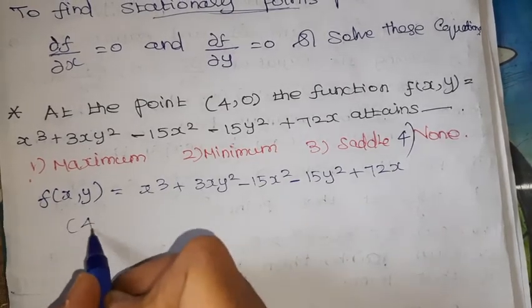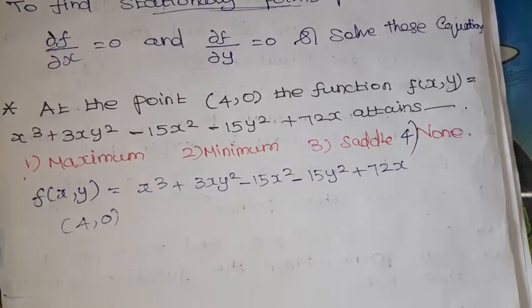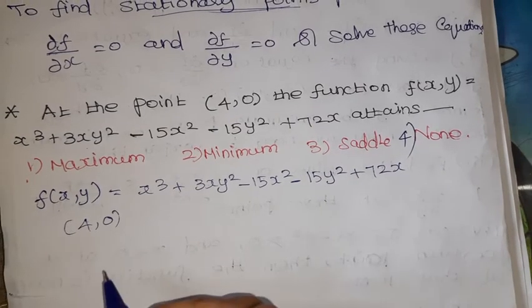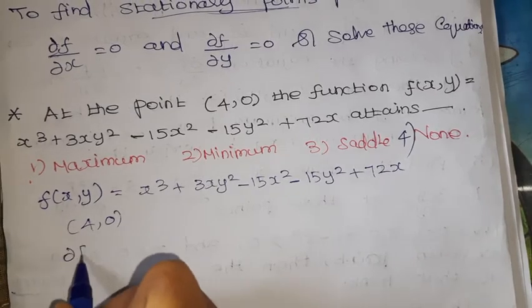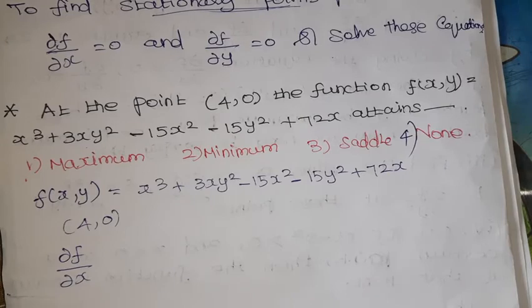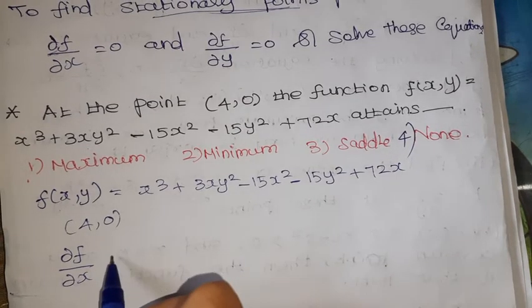The point is given as 4 comma 0. First, what do we need to find? We need to find dou f by dou x and dou f by dou y, then the second derivatives p, q, r, s, t, and then find the r value by substituting. We will see one by one.